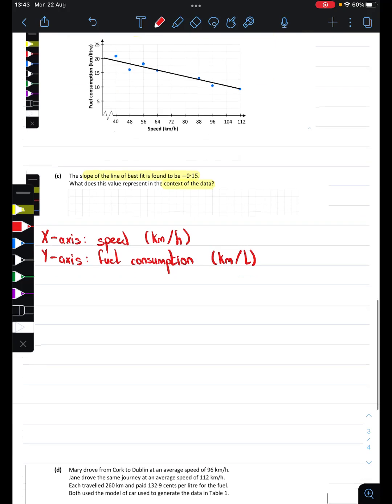Okay, so the slope is the rise over the run.